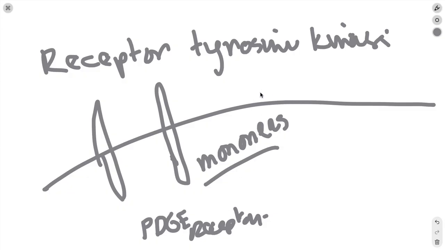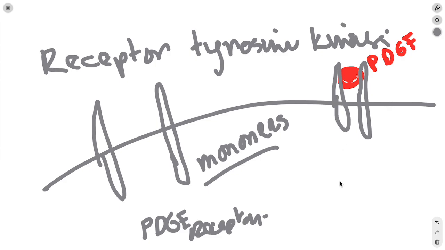And then this ligand, this signaling molecule arrives, and in our case, it's PDGF. So here's PDGF. It's released from platelets, platelet-derived growth factor. It's released by platelets underneath a scab. And that causes these two monomers to come together and form a dimer.